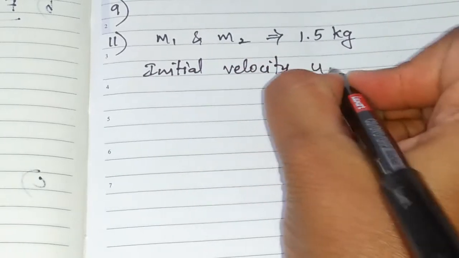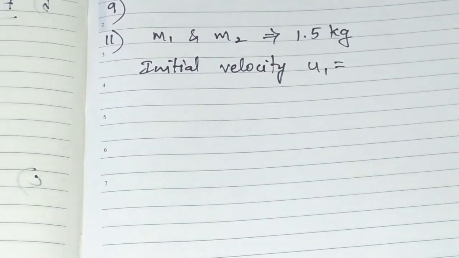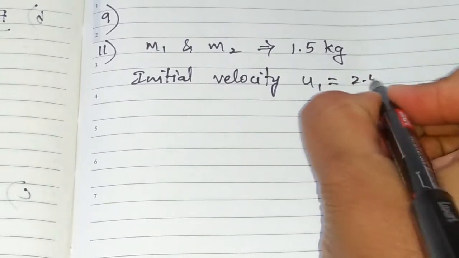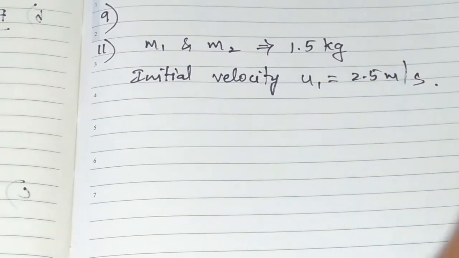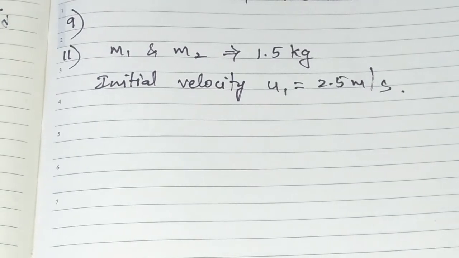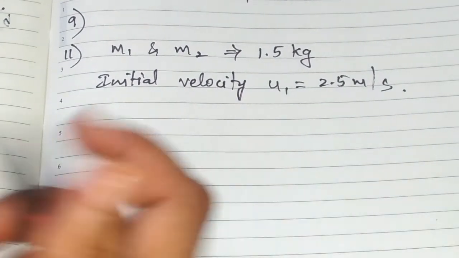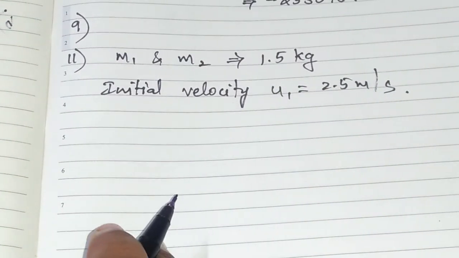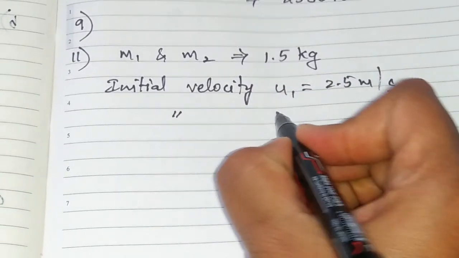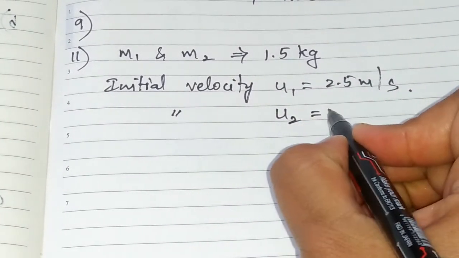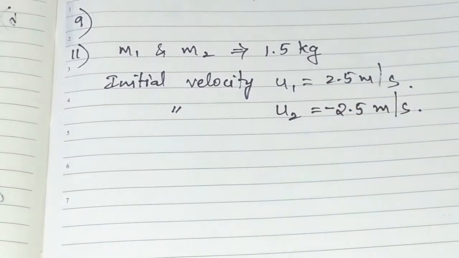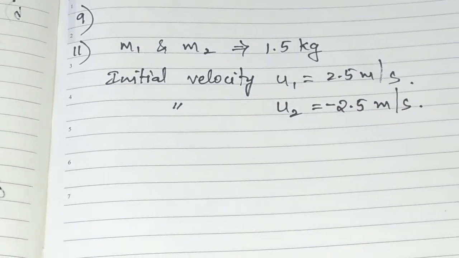U1 value is 2.5 meters per second. Both initial velocities of these two objects are similar, but one thing we have to remember: one is coming in the opposite direction. So the initial velocity of the second object, U2, we take as minus 2.5 meters per second.